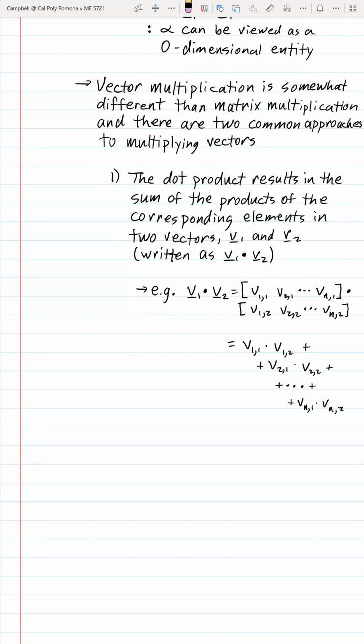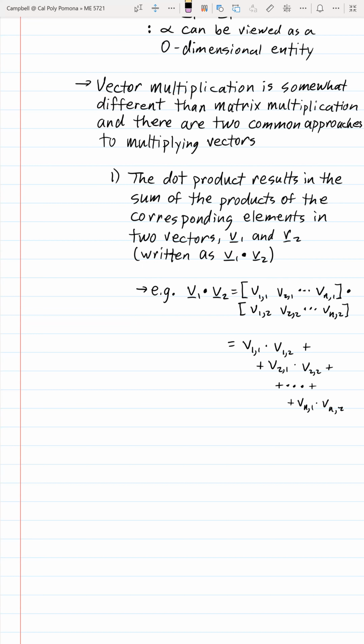Now, the reason I was saying that this is very interesting is because if we choose to look at matrices as collections of row vectors and/or column vectors, what can we see?